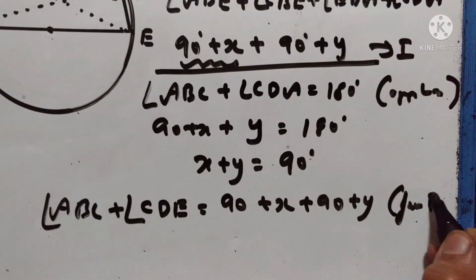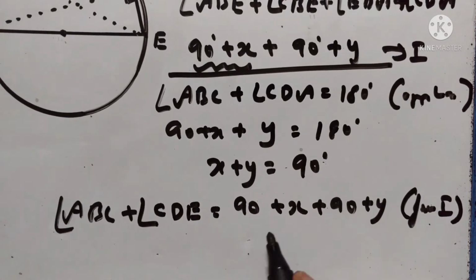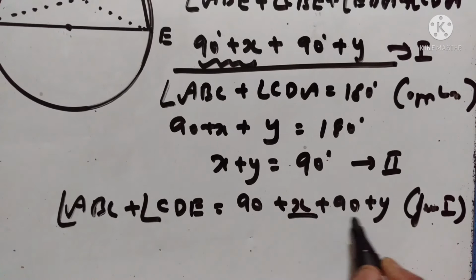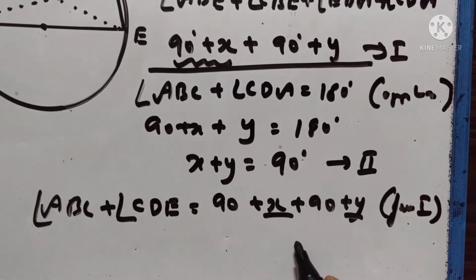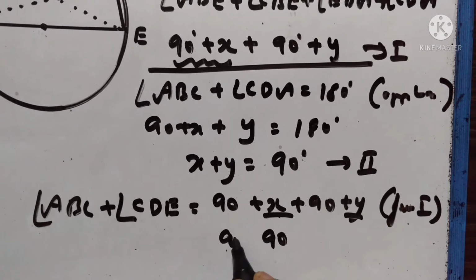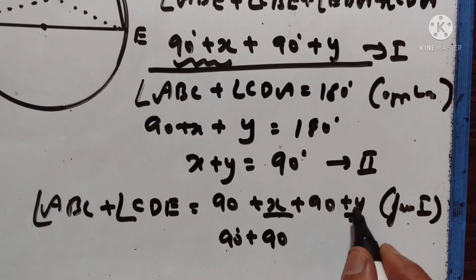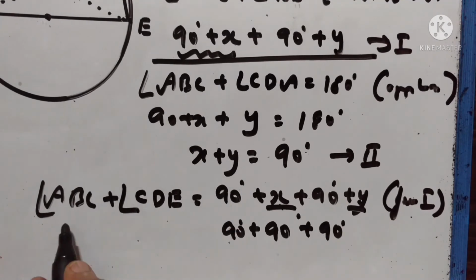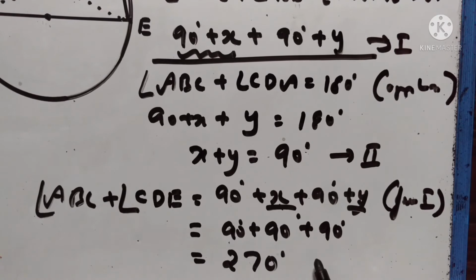Let the earlier result be 2. So X plus Y is equal to what? 90. This 90 plus this 90, angle ABC plus angle CDE is equal to what? 270 degrees.